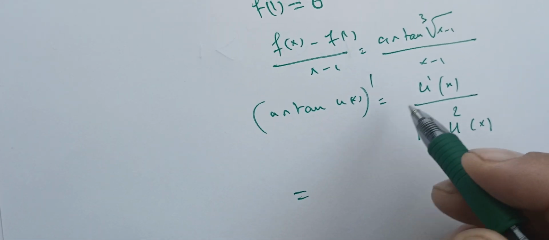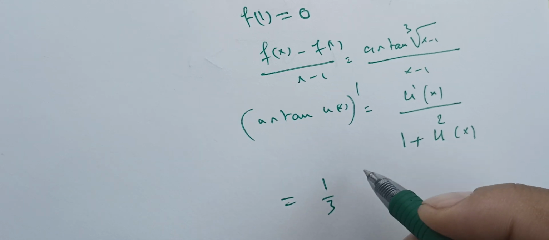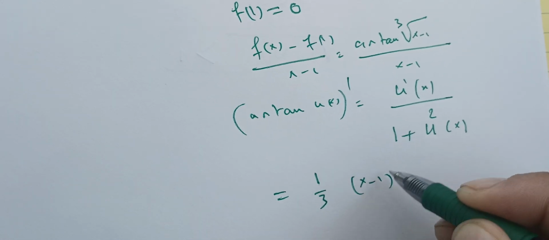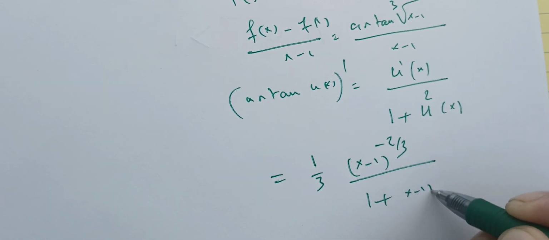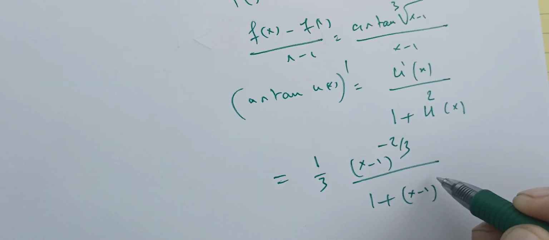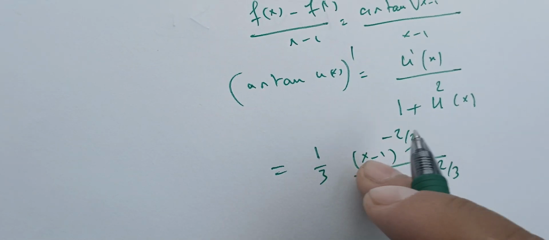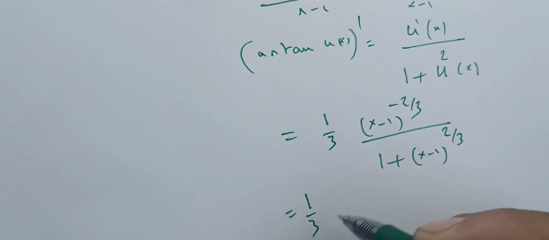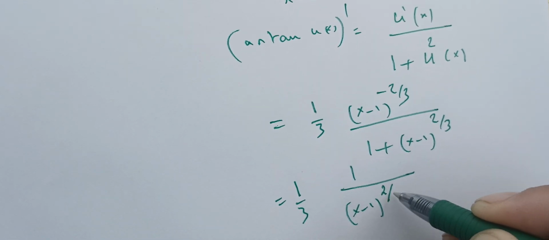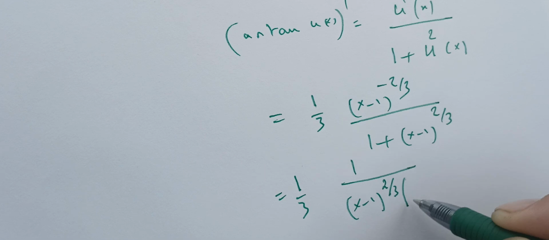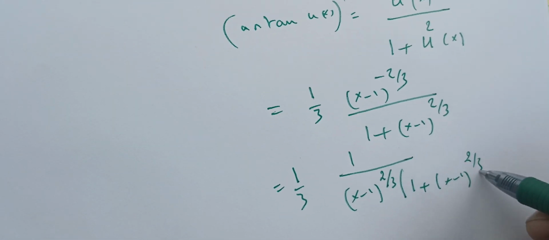Doing so, it's going to be 1/3 times x minus 1 to the minus 2/3, over 1 plus x minus 1 to the 2/3. Bringing this down, we have 1 over 3 times x minus 1 to the 2 over 3, times 1 plus x minus 1 to the 2 over 3.